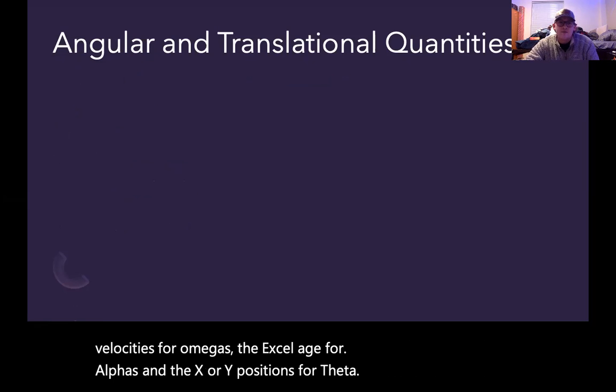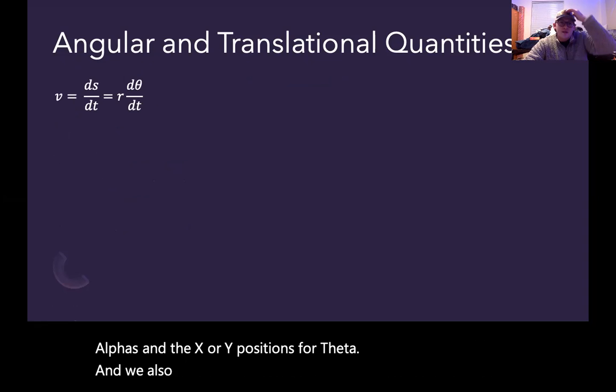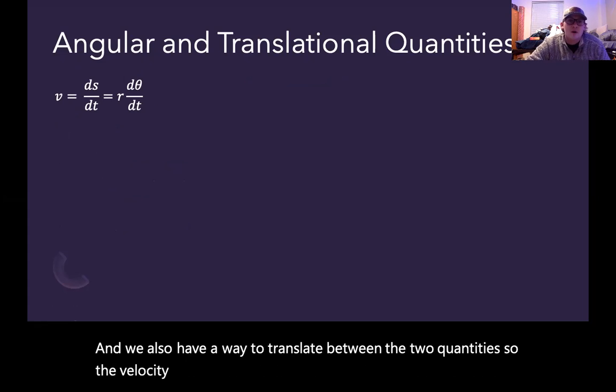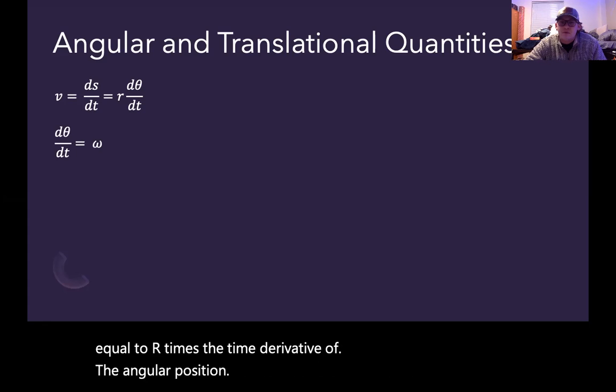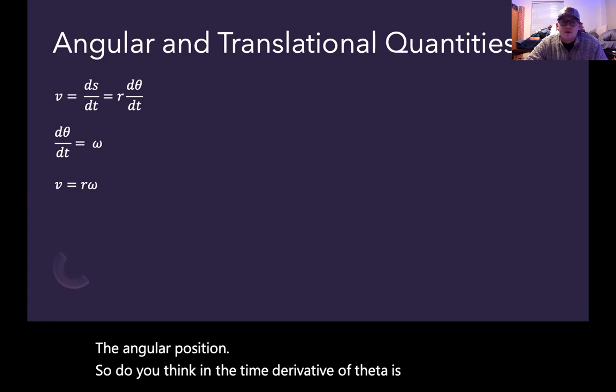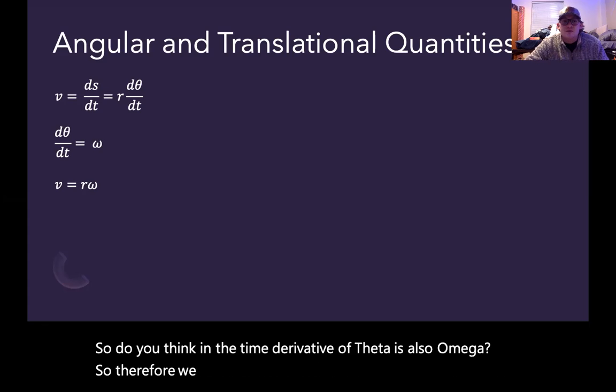We also have a way to translate between the two quantities. The velocity is the time derivative of the arc length, which is equal to r times the time derivative of the angular position, d theta, and the time derivative of theta is also omega. Therefore, we also have velocity is equal to r times the angular velocity omega.